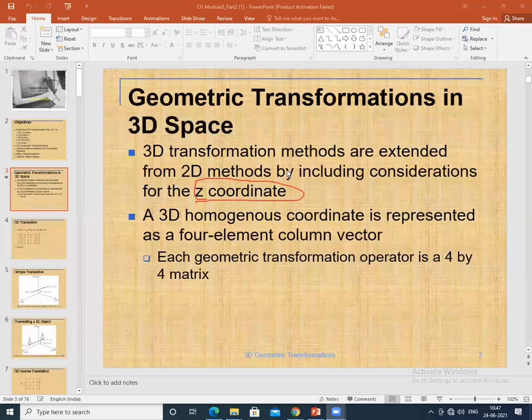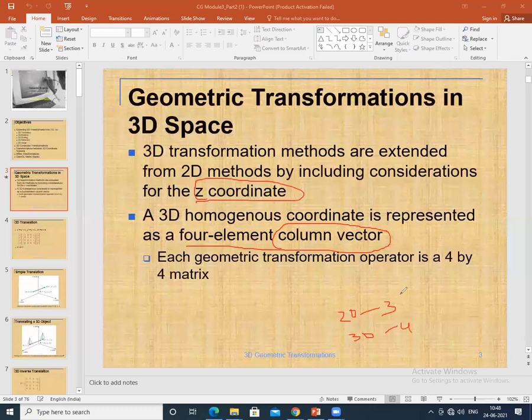In the same way, we get the three-dimensional homogeneous coordinate system, represented as a 4-element column vector. For 2D we had a column vector of 3; for 3D, we'll have a column vector of 4.